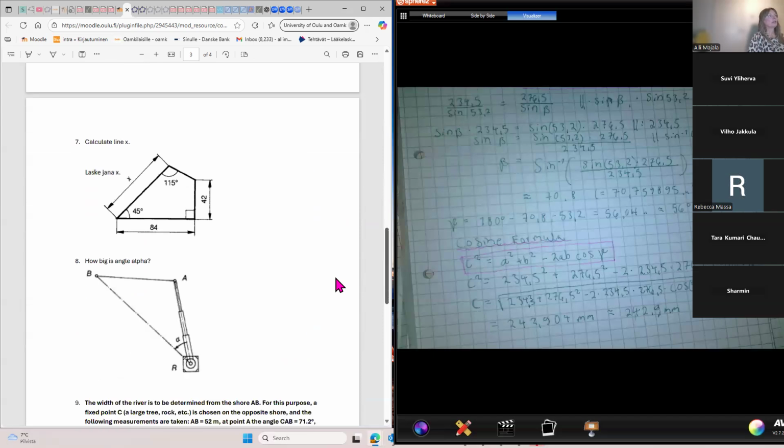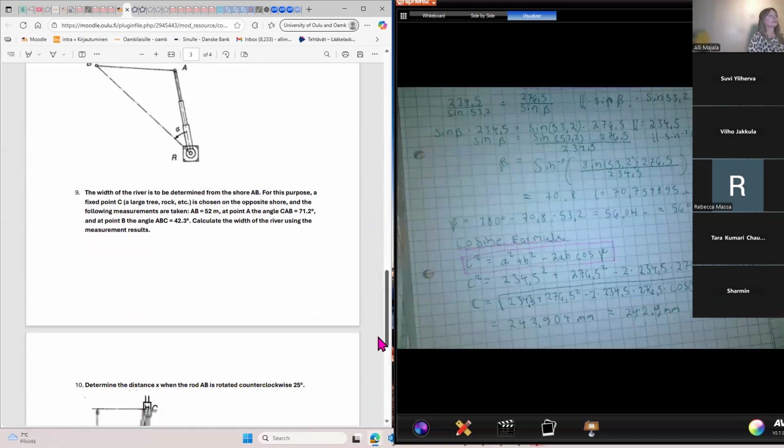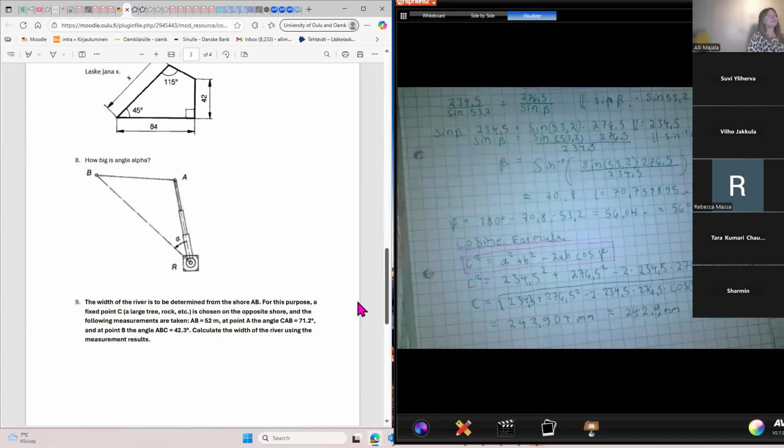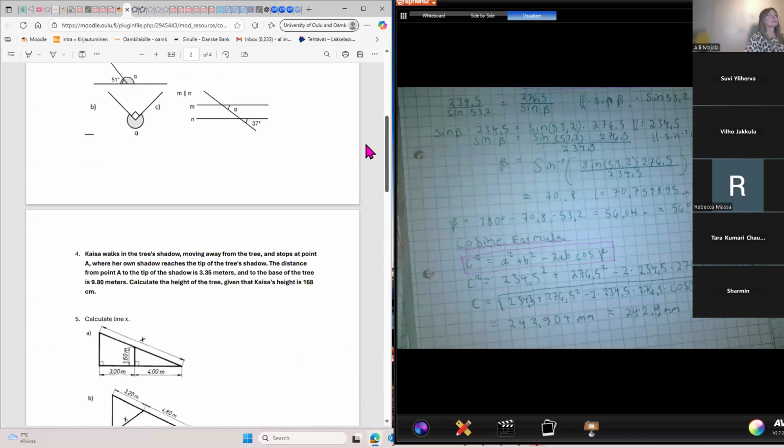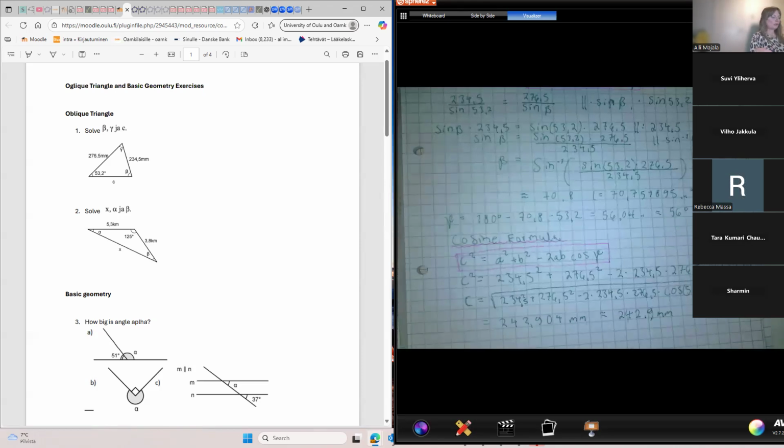Or if we need maybe something else, but that sine or cosine formula. So continue on doing the exercises that you feel that you need to practice on, and then ask if something's unclear.